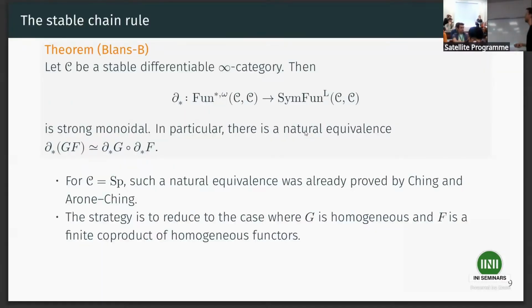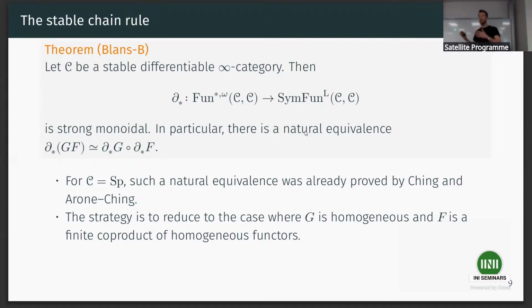And the main strategy is that now the lex structure gives us a comparison map like this. So essentially the strategy of the proof is to do a series of reductions, which allows one to look at the specific case where G is homogeneous and F is a finite coproduct of homogeneous functors.